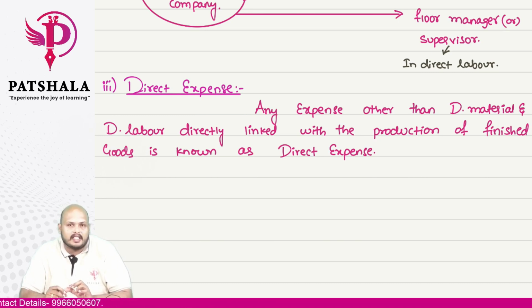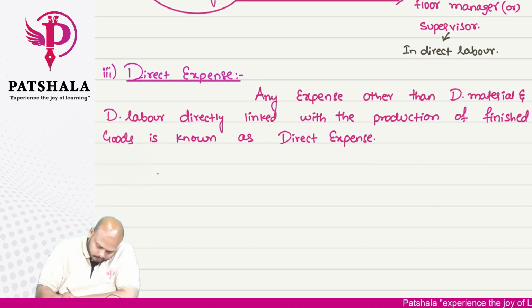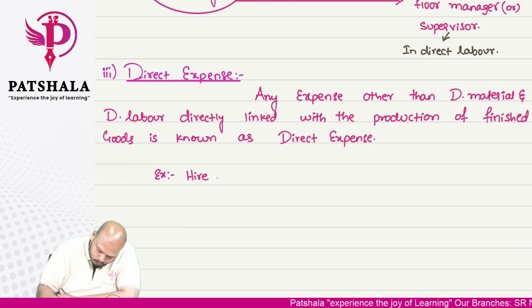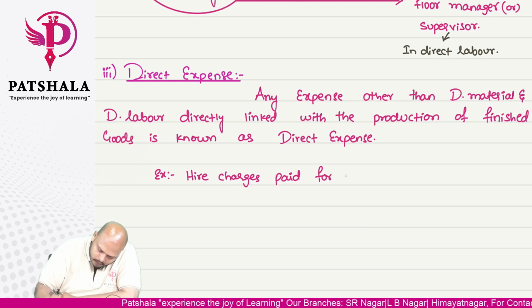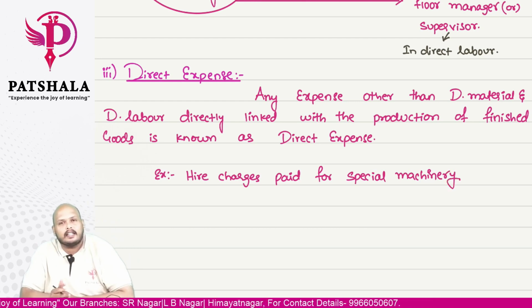Generally we don't purchase those machines, we will hire those machines for the construction purpose. So these hire charges paid for special machinery, we can classify as a direct expense.